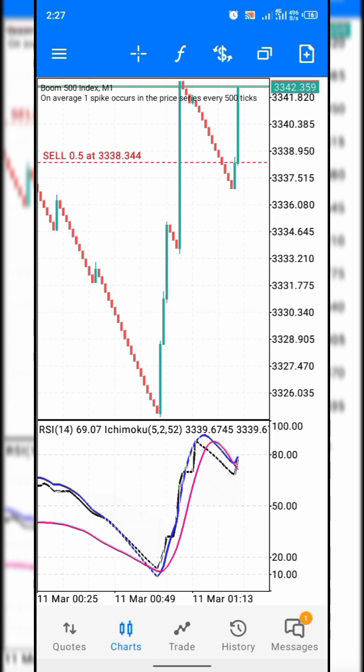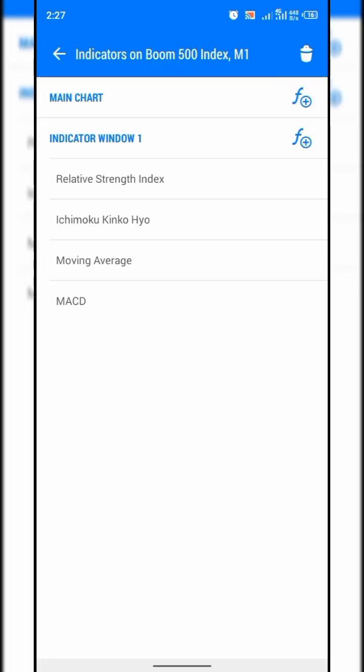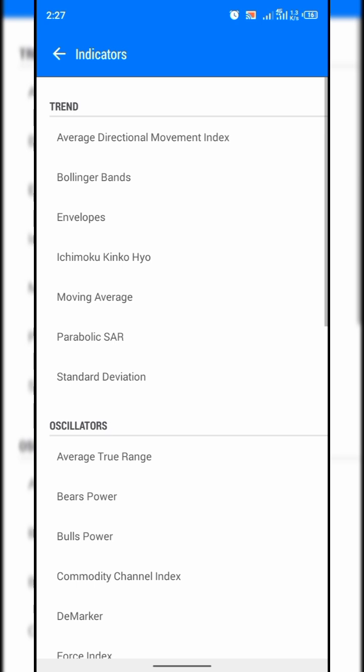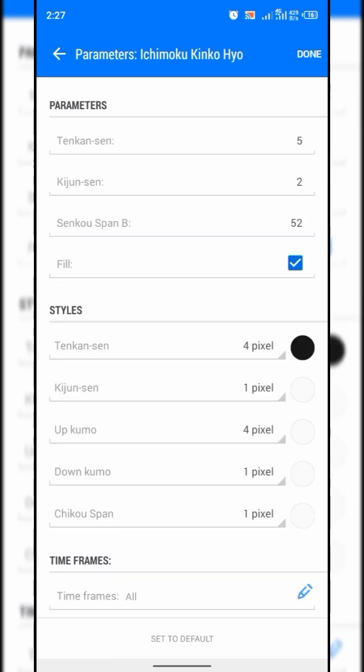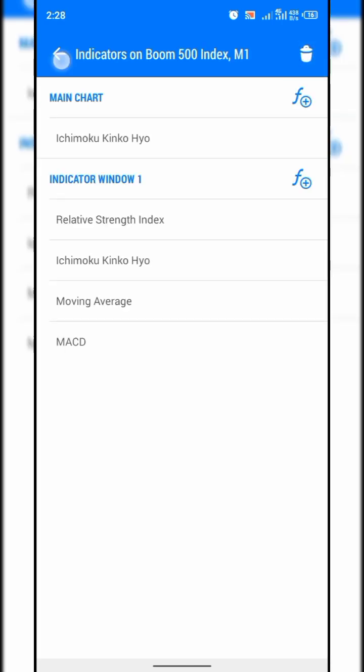So that is done. Let's look for another indicator which should be on the main chart. We need like 3 indicators on the main chart here. So let's find them. Click on main chart. Press Ichimoku. Then click done based on the settings you've set before.